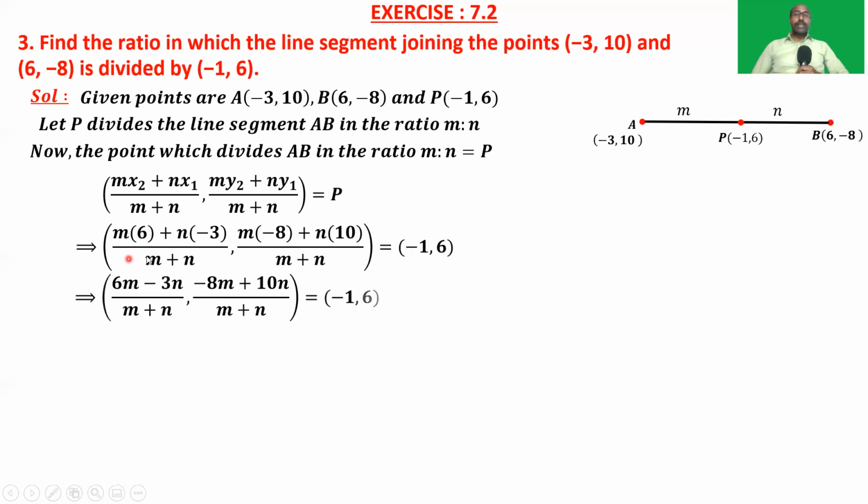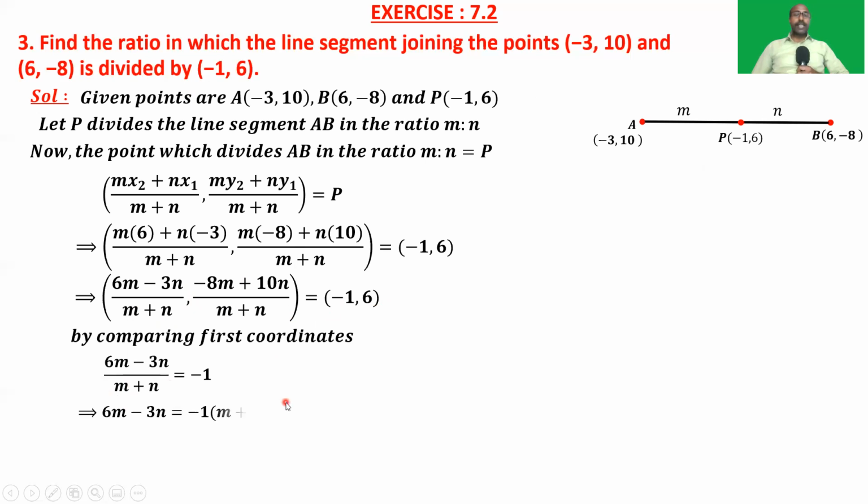So we can simplify this as 6m minus 3n by m plus n, comma minus 8m plus 10n by m plus n, is equal to -1 comma 6. Now by comparing either the first coordinates or the second coordinates, we can find the ratio m is to n. Let us compare the first coordinates. 6m minus 3n by m plus n is equal to -1. So by cross multiplication, we get 6m minus 3n is equal to -1 into m plus n.